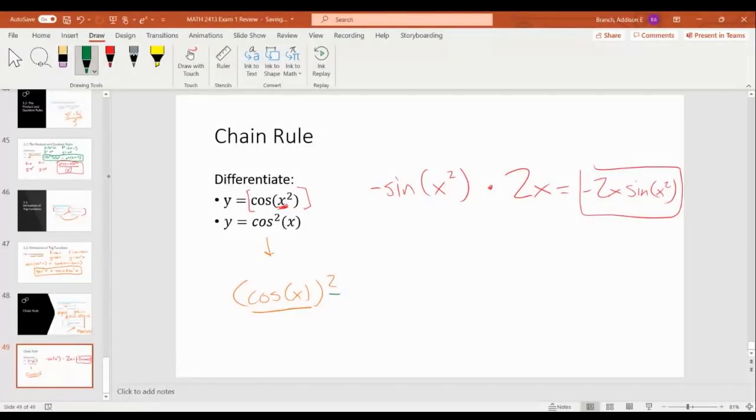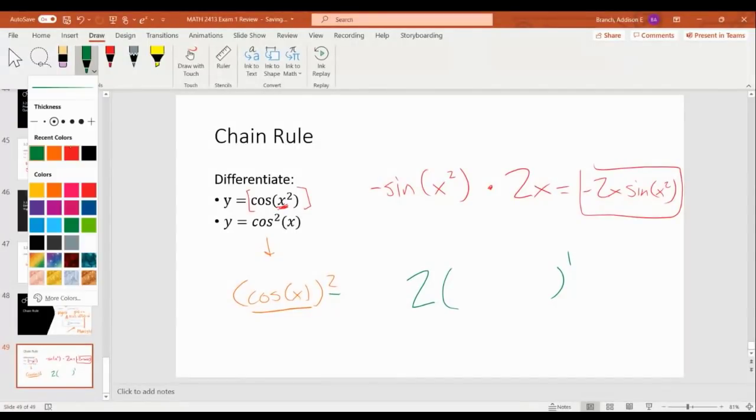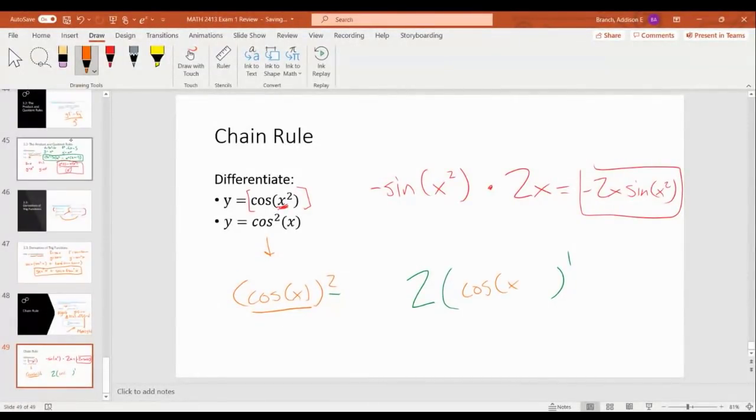So we'll move that 2 down, and then that will turn into just that 1 power, and we'll leave the inside the same. And we'll do that times the derivative of that inside, which would be negative sine. So our final answer for this one would be negative 2 cosine of x sine of x.